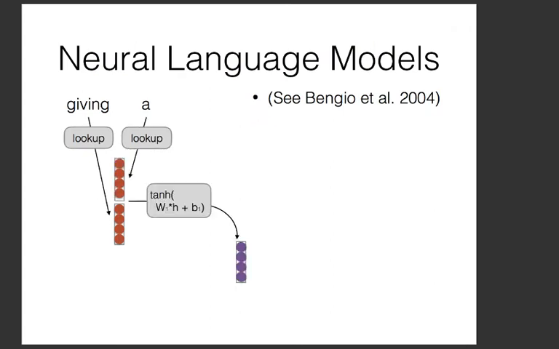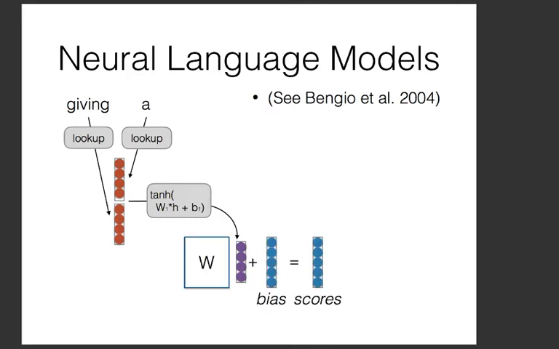Any other questions? No? Okay. So neural language models, now we have our combination features. Neural networks extract these combination features very well. So then we do an additional matrix multiply, add a bias, and get scores for all of the words.